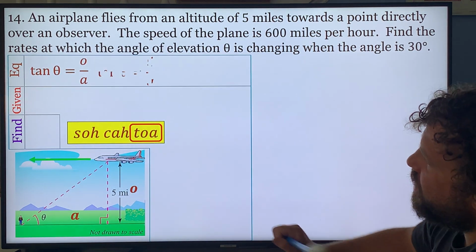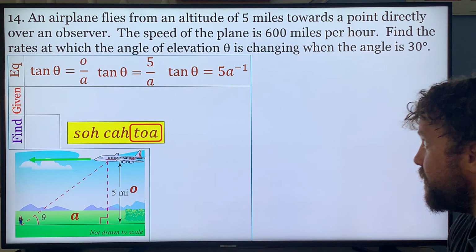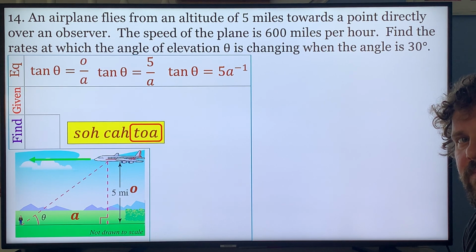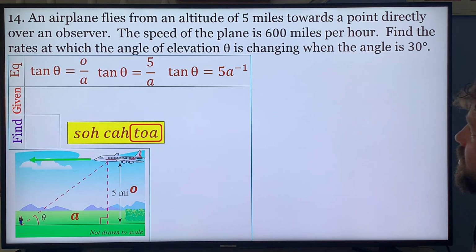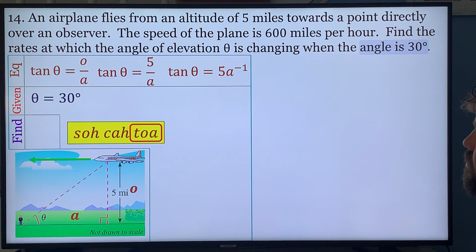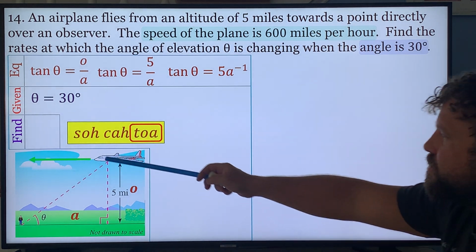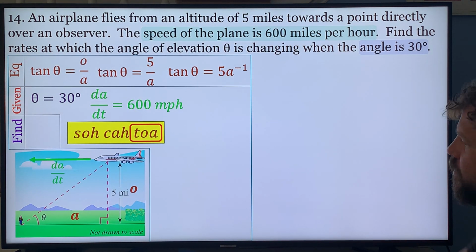Tangent of 5 over adjacent, or tangent theta equals 5 over A. See, once you find that out, we're good. Let's see some stuff that we're given. Angle is 30. Theta equals 30. Speed of the plane, 600 miles an hour. dA dt equals 600.